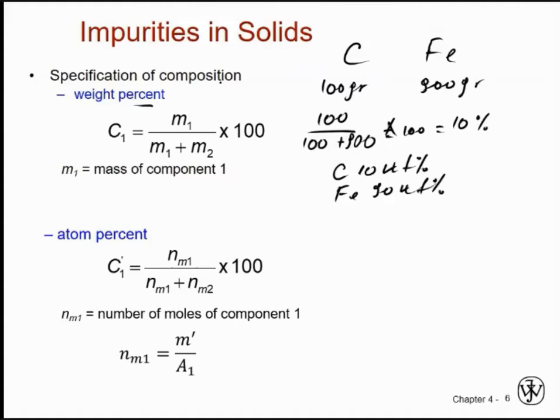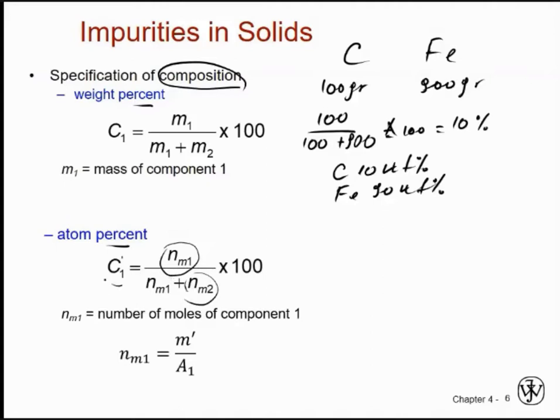So it's also called composition, that is the amount of carbon in weight percent, or we can solve this with atom percent. If we know the number of moles in a certain mass of carbon and the number of moles in a certain mass of iron, let's say, we can calculate atom percent.